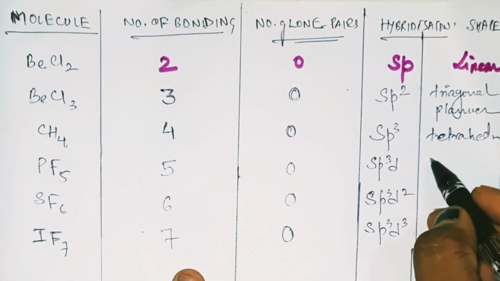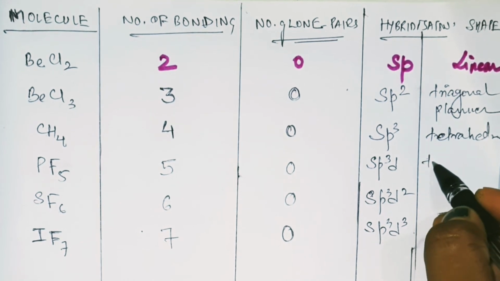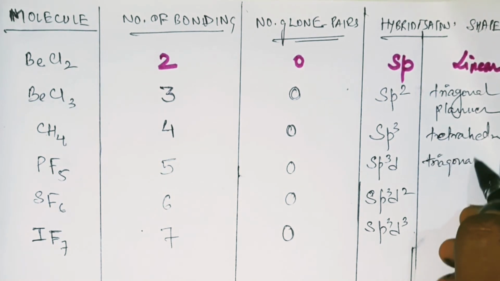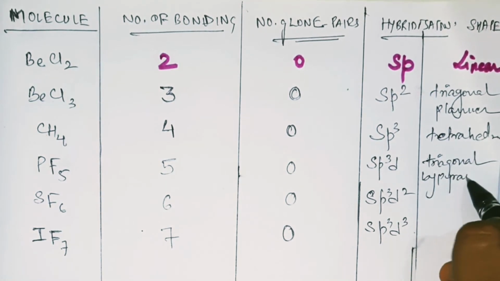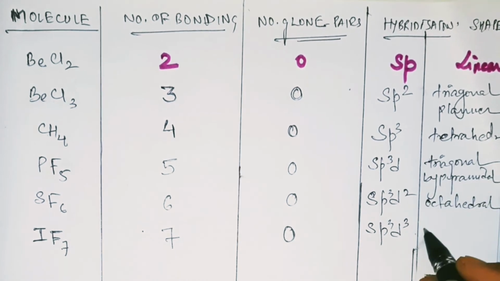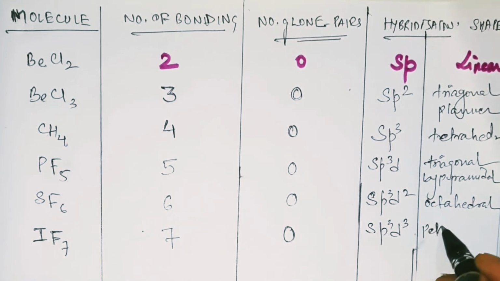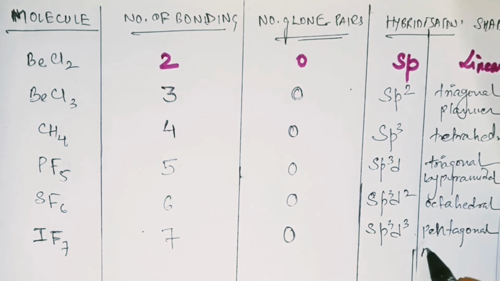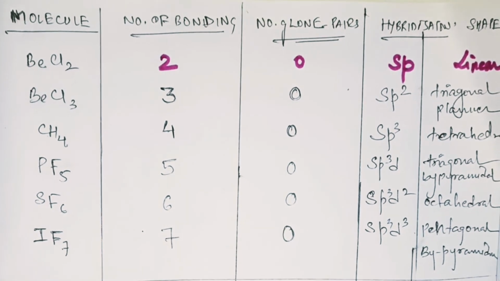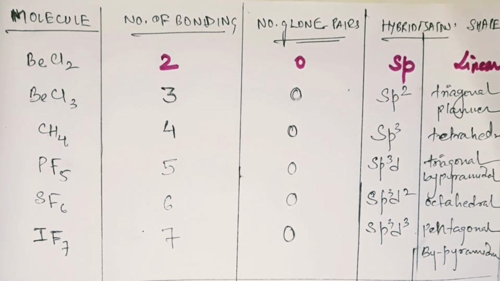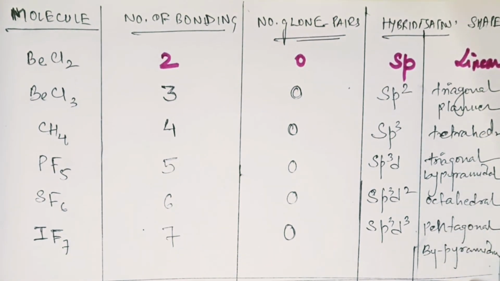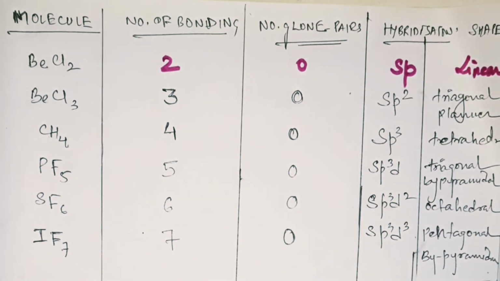So the shapes are: trigonal bipyramidal, octahedral, and pentagonal bipyramidal. So these are linear, trigonal planar, tetrahedral, trigonal bipyramidal, octahedral, pentagonal bipyramidal. These are the perfect shapes.